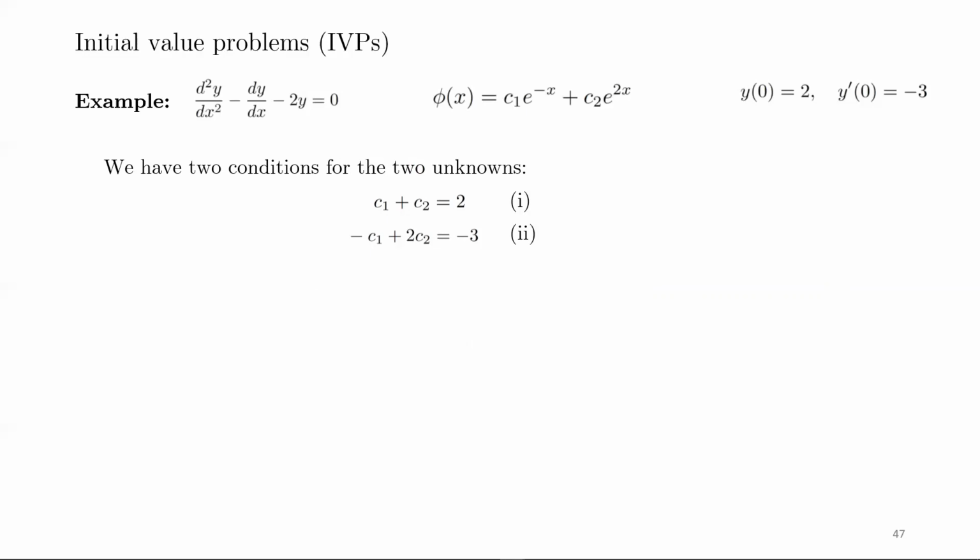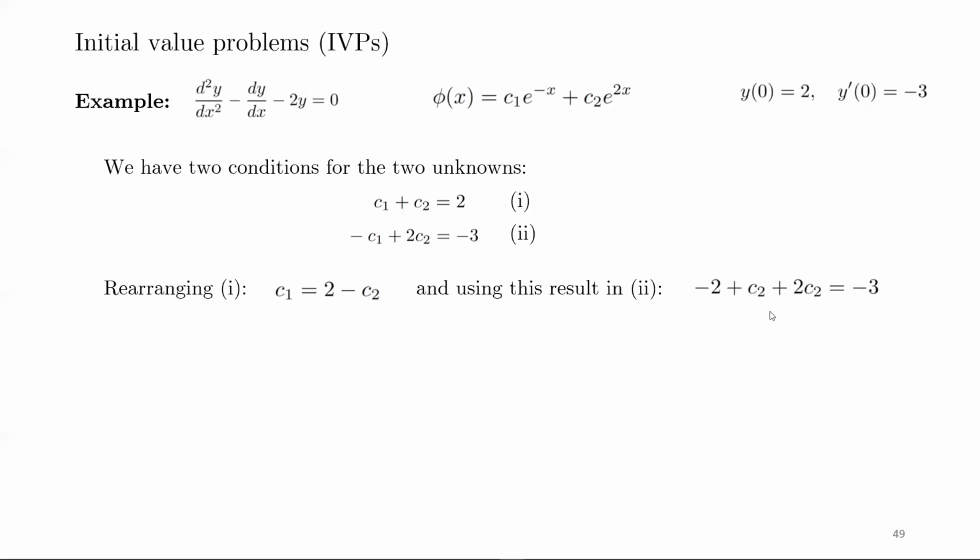Of course there are multiple methods of solving these, but I'm simply going to rearrange the first one, which I'm calling I here, to make C1 the subject of the formula. If I take C2 away from both sides of equation I, I get C1 equals 2 minus C2. I'm going to use this expression in the second equation. Wherever I see a C1 in the second equation, which is only here, I'm going to write 2 minus C2.